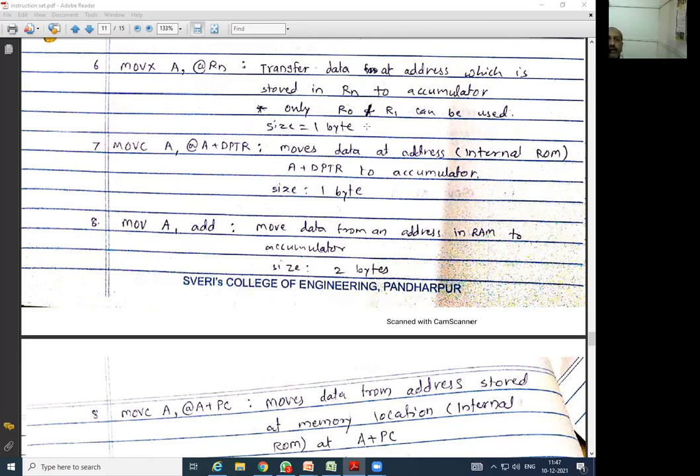But here only the R0 or R1 register can be used, not all of R2, R3 up to R7. So only 2 registers can be used in this particular instruction.